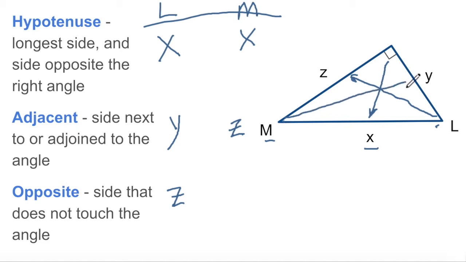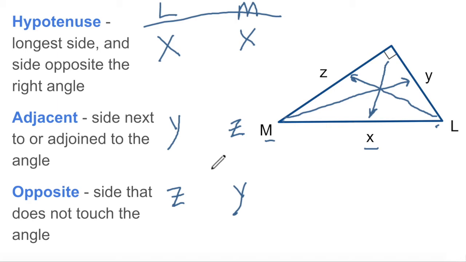Well, that's across from angle M, and that is Y. So look, depending on which angle you're referencing, the hypotenuse stays the same because that's an absolute. It's the longest side in a triangle, and it's always opposite the 90-degree angle. But which side is considered adjacent and which side is considered opposite is dependent upon the angle you're talking about.